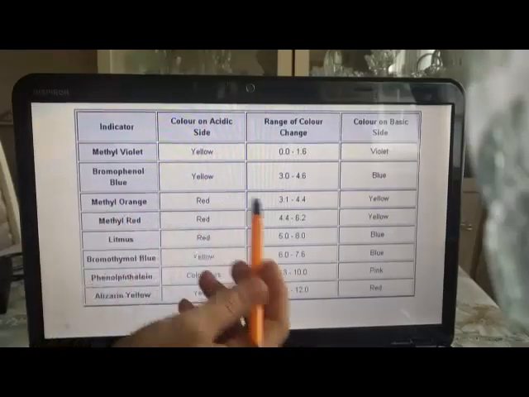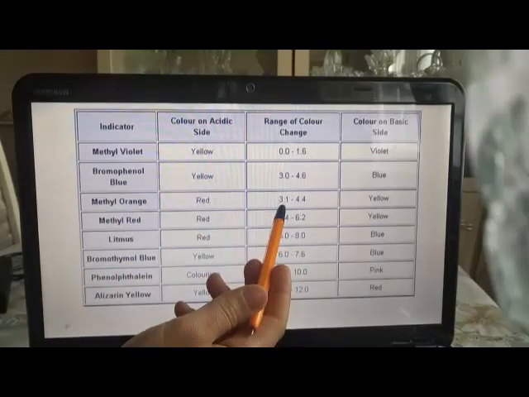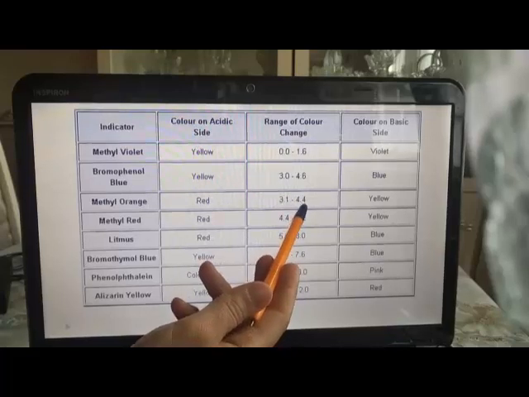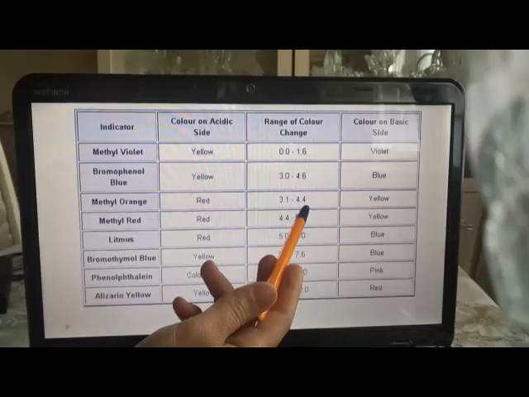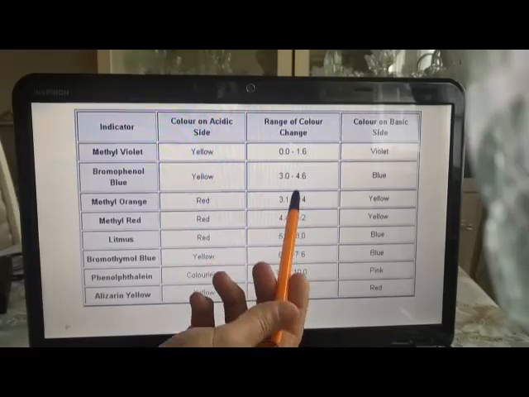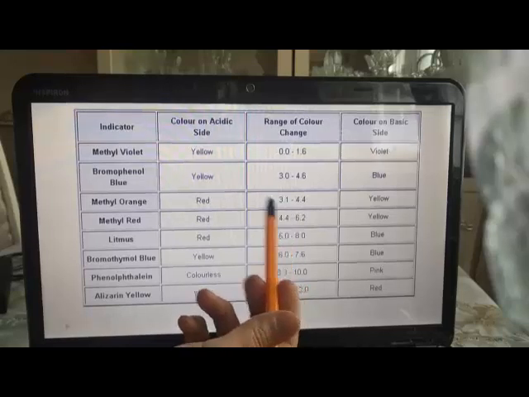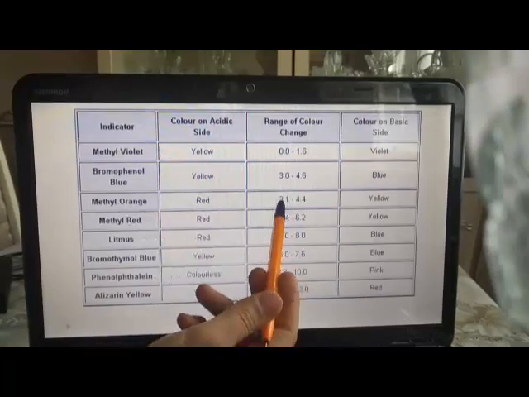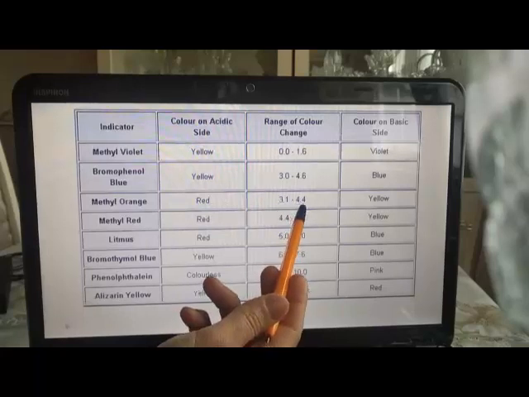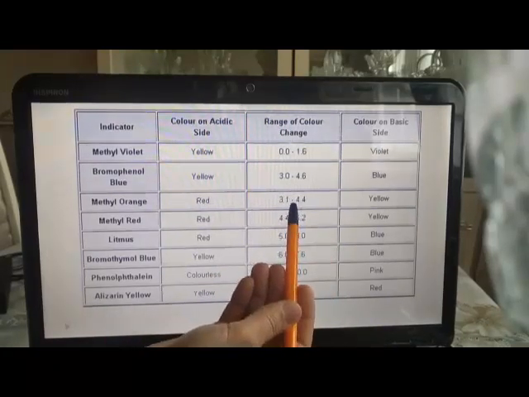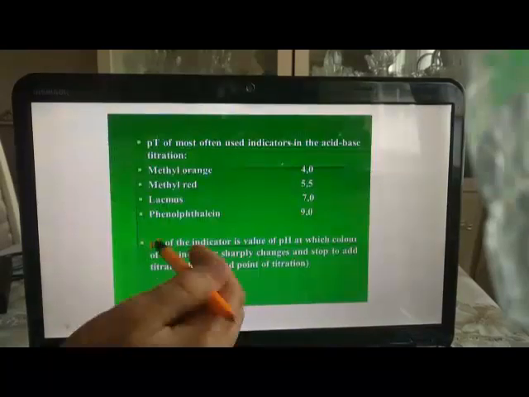Methyl orange has a transition range from 3.1 to 4.4, and pT, its titration exponent, is equal to the midpoint of the range of the indicator. For example, methyl orange has a range from 3.1 to 4.4, and pT is the middle point, 4. As we see, it's 4.